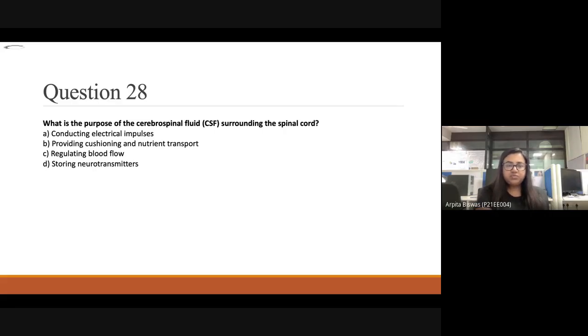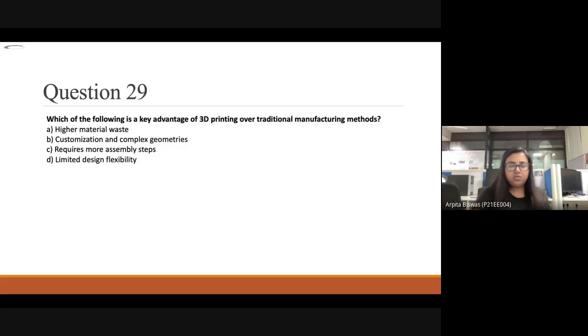The right option is option B, provide cushioning and nutrient transport.